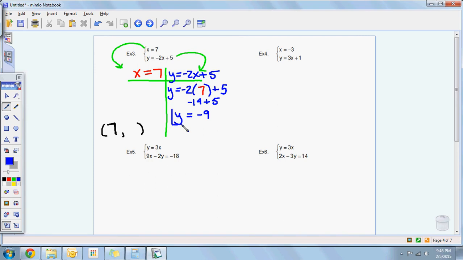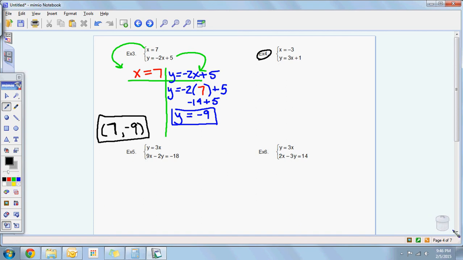So now you have a y value that you can place in your solution. A little different than graphing, but whenever you're solving those systems, you're going to have an ordered pair. So go ahead and try example 4, set up your t-chart and solve for your ordered pair.